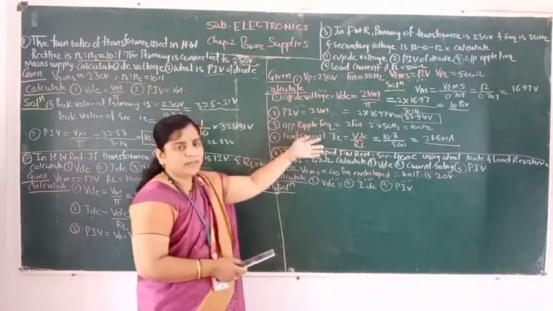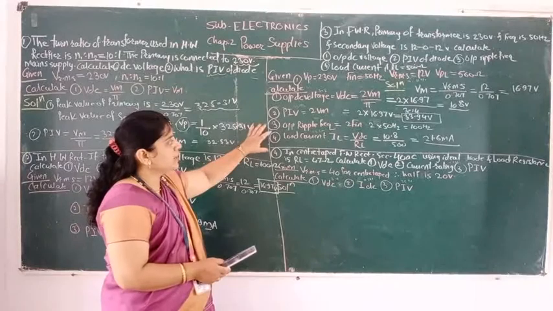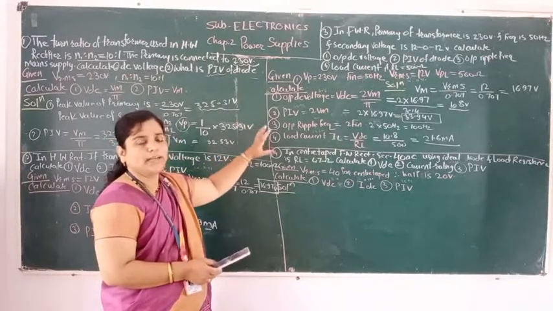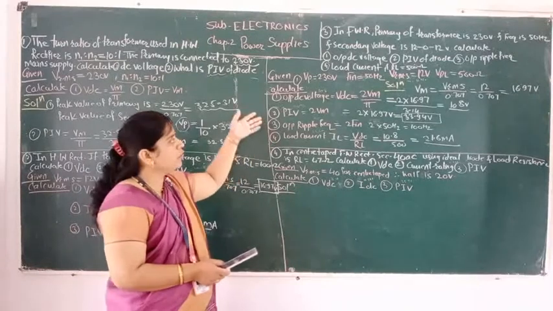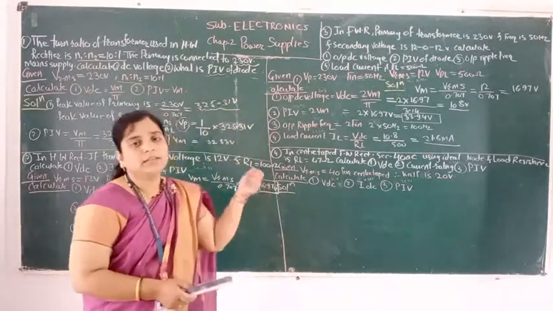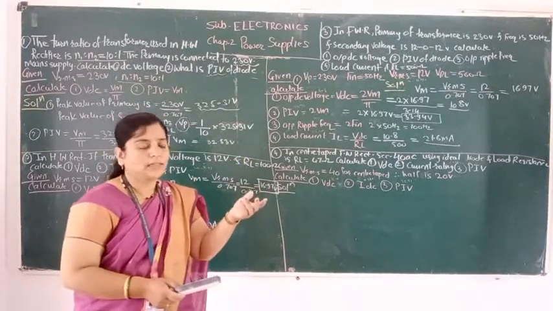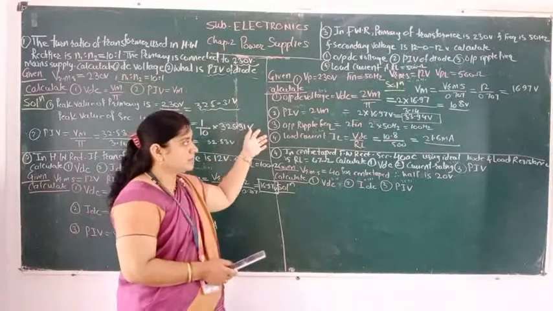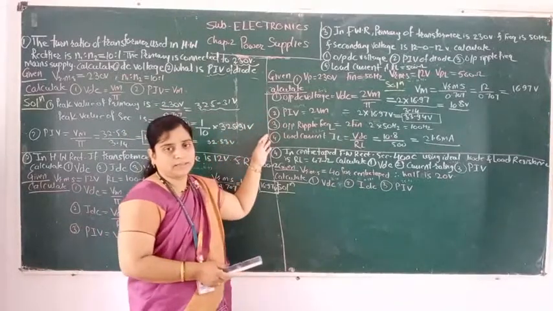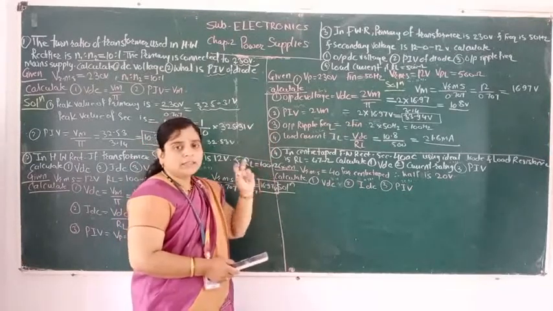Try to solve them at home and practice them, then you will find that they take very little time. If you want to write a theory answer, you require at least 2, 3 or 5 minutes. Better than that, you should practice these examples.